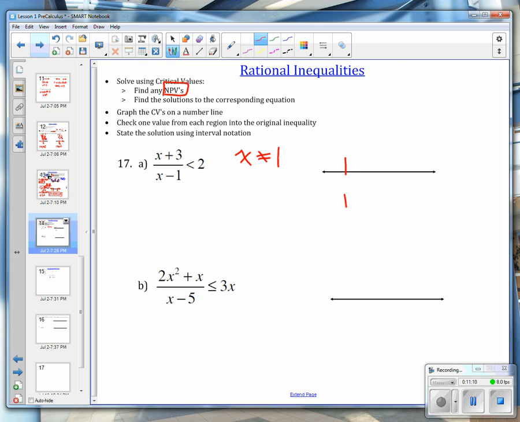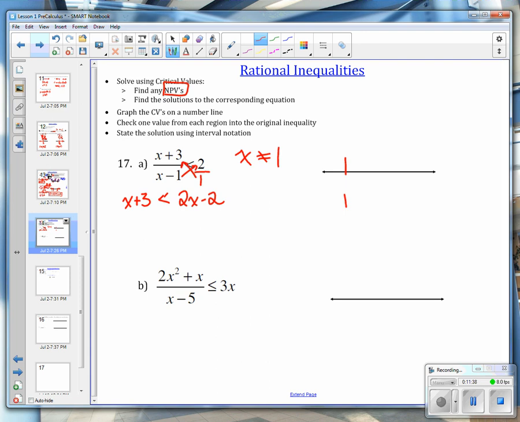Now what we want to do is solve for x. Now, remember I said we just imagine basically that that's an equal sign and not a less than sign. And what we can do is just cross multiply here. So x plus 3 is less than, or basically we're assuming it's just kind of like equal to, and then that times that, so that would become 2x minus 2.